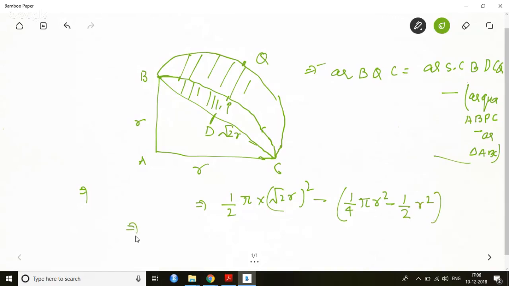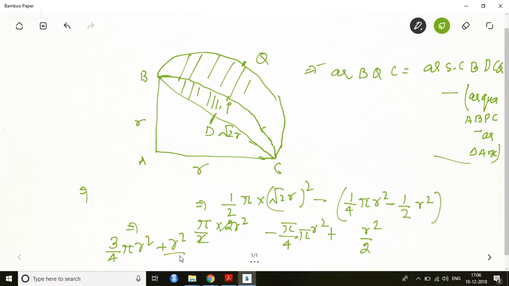So I am getting pi by 2 into 2R square minus pi by 4 R square plus R square by 2. So this 2 and 2 are gone, and I have 3 pi by 4 R square plus R square by 2.